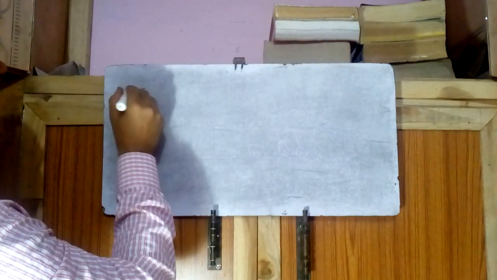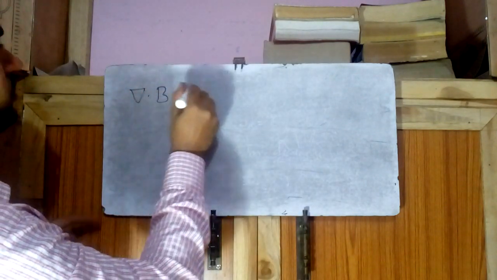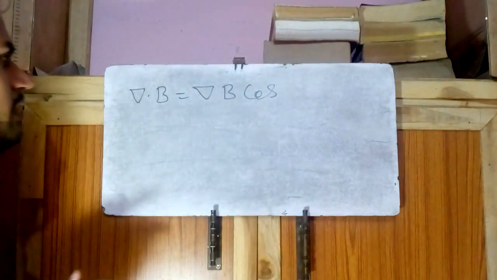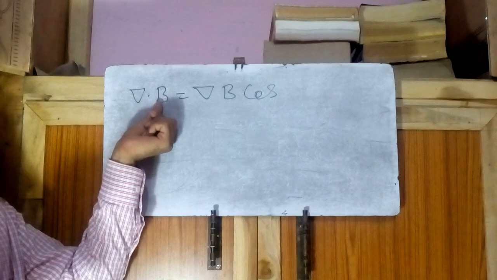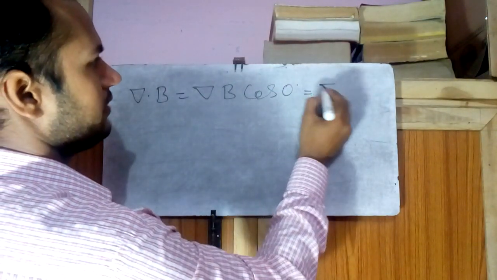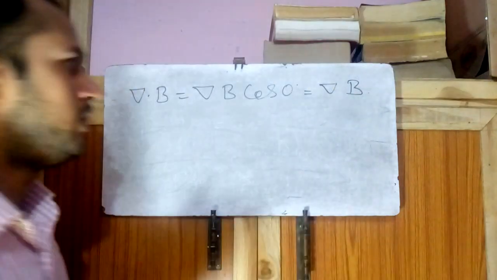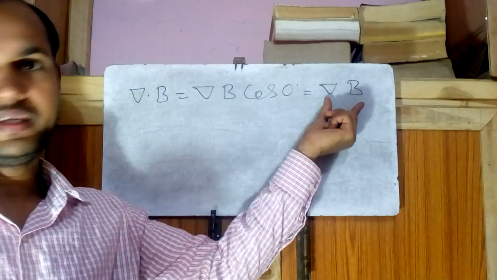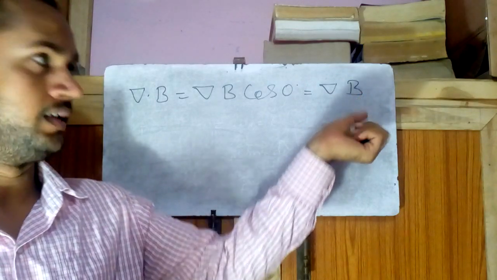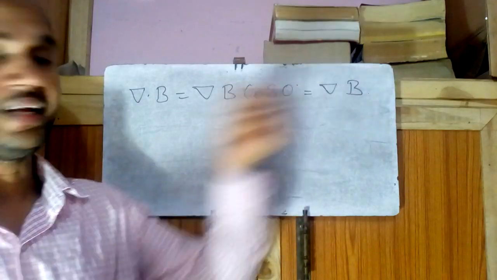Del dot B. Del dot B is equal to del B cos theta. If I take a change in B in its own direction, that means cos 0, and cos 0 is 1, so that is del B. So what is the meaning of del B here? The change in B in its own direction, in the magnetic field direction.